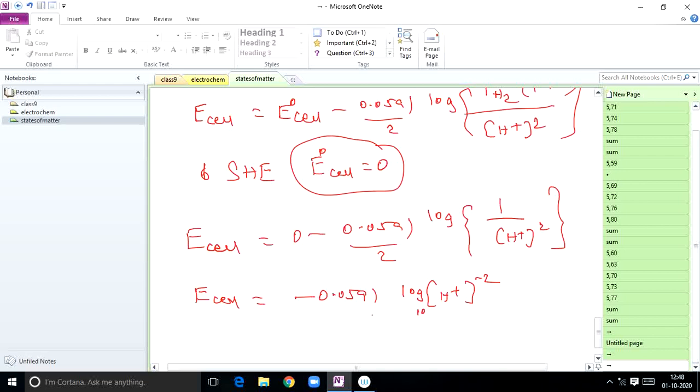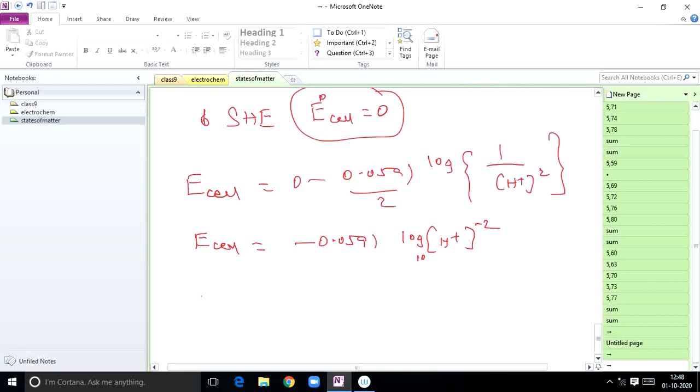Okay, then final expression becomes E cell is equal to minus 0.0591, here by 2 is there now, so by 2 into minus 2 into log H plus, okay, this one 2 gets cancelled.